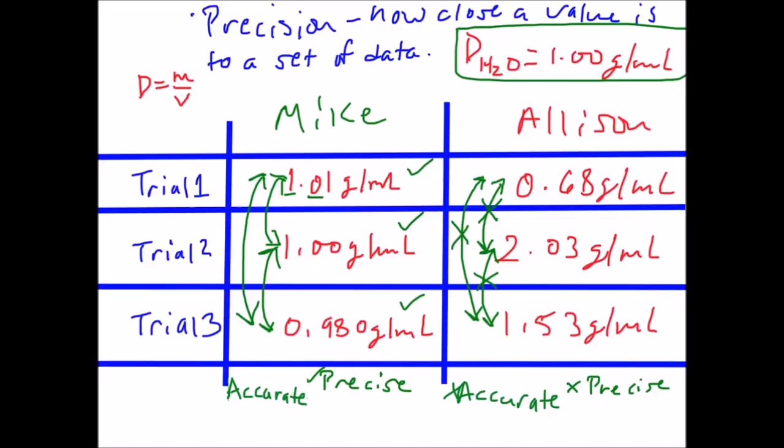She needs to say something about either the triple beam balance maybe didn't start out at 0 like it should have, or maybe her graduated cylinder had soap residue left in it, and because of that it disturbed the surface tension of the water, and so it messed up her reading in that way.